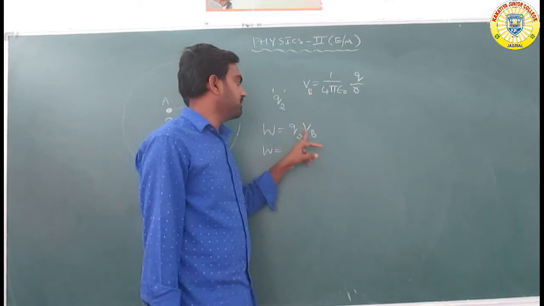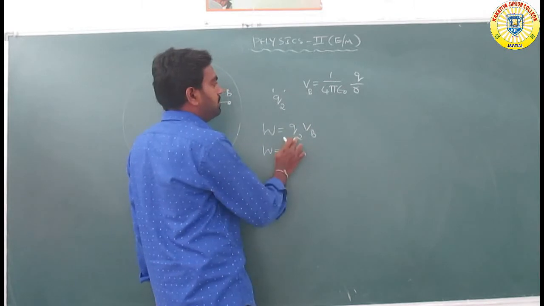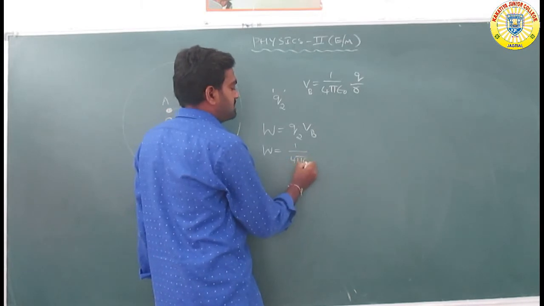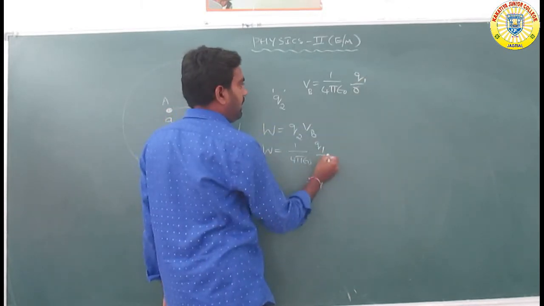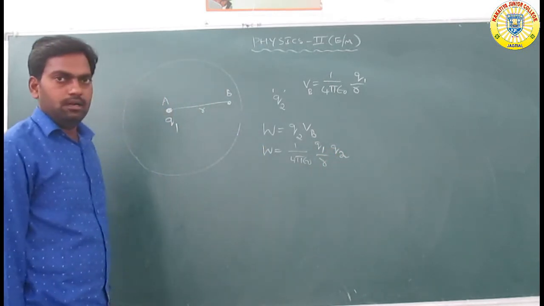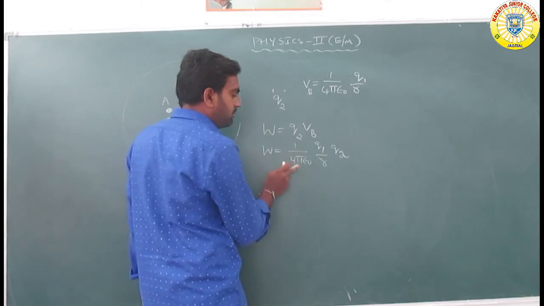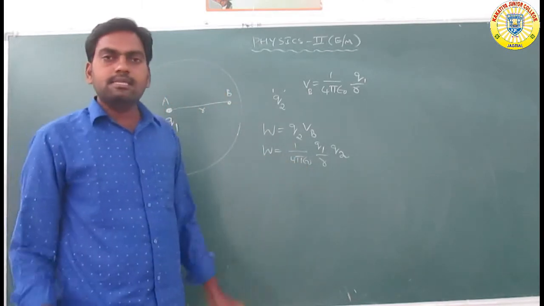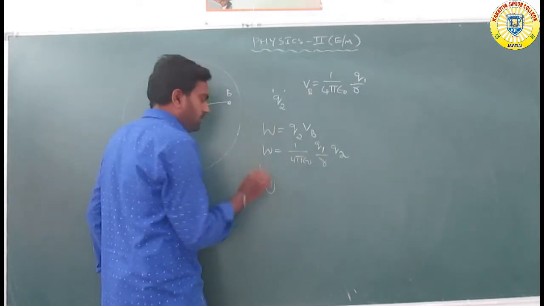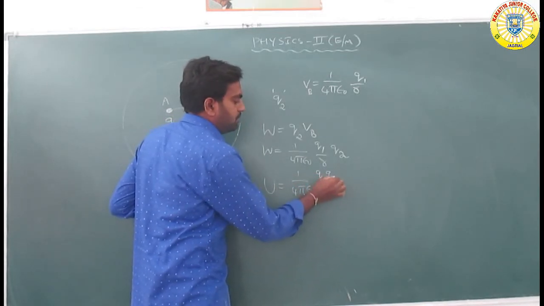So W equals Q2 into VB, where VB is 1 by 4 pi epsilon Q1 by R. The total work done is 1 by 4 pi epsilon Q1 Q2 by R. This total work done is stored as potential energy, so the potential energy U is equal to 1 by 4 pi epsilon Q1 Q2 by R.